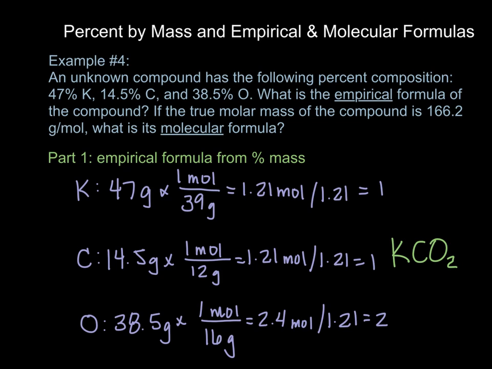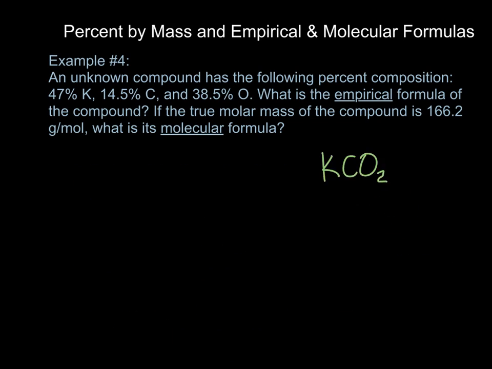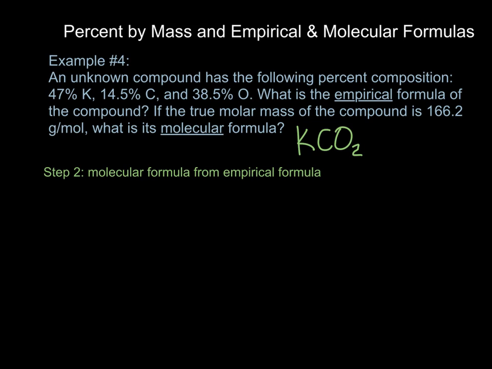And now that I have my empirical formula, I need to find my molecular formula, which I need to use my empirical formula to find. So for part 2, I need to follow my steps for finding the molecular formula from the empirical formula.